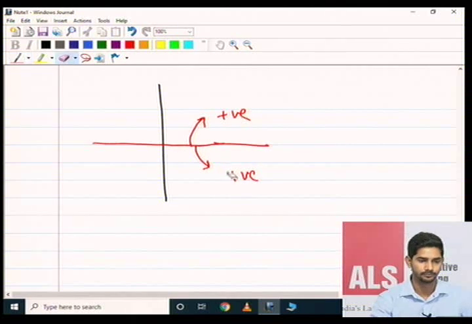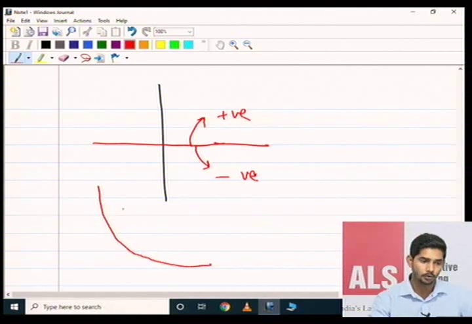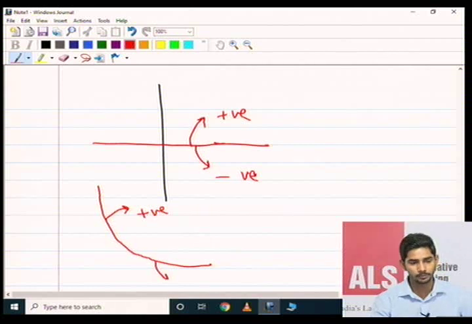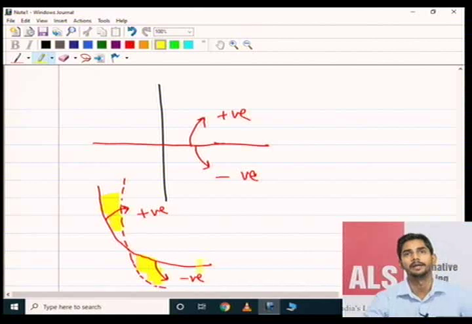Negative. In the same context, look at this. This was your curve. Values above the curve are positive and values below the curve are what? Negative. So whenever we plot this line, because this lies here, this is positive, and this lies here, it will become negative. Now, are you getting this?